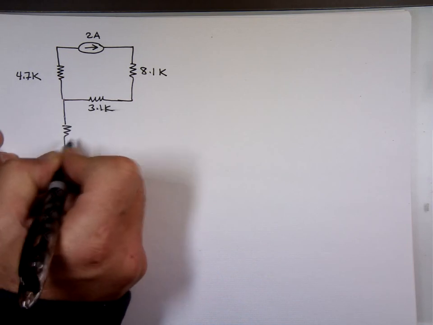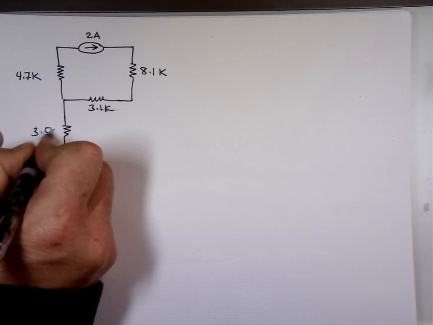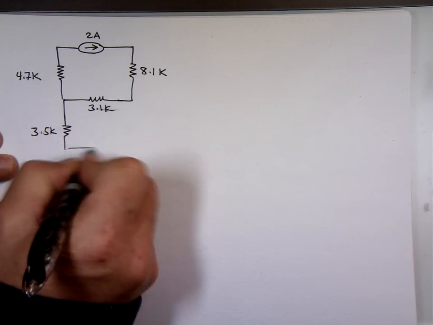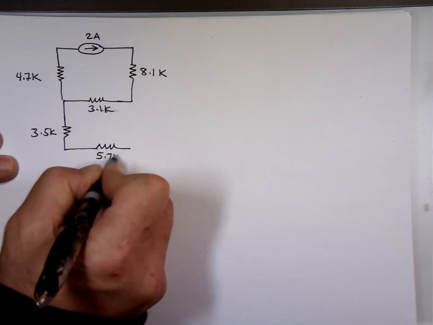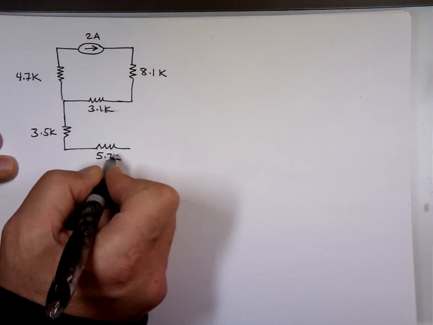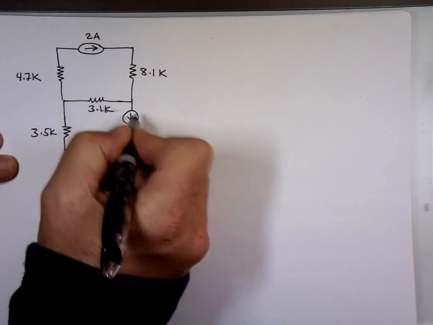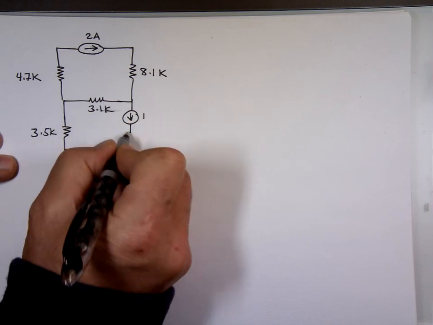I have 3.5K, 5.7K, a current source down of 1, and 1.7K here.